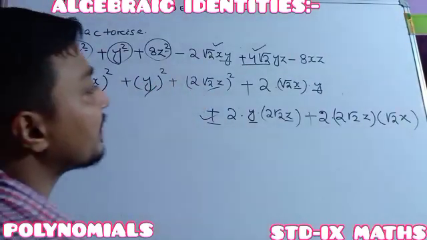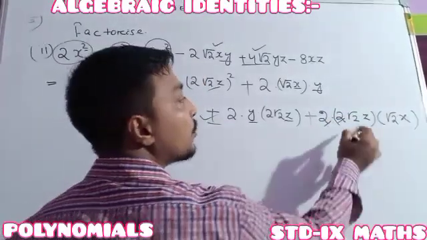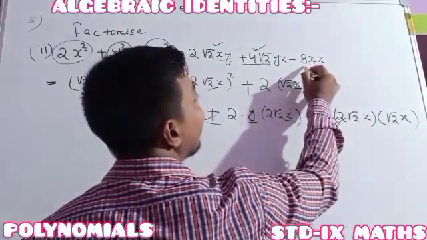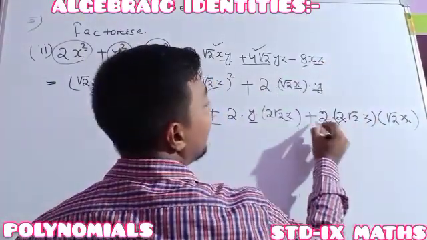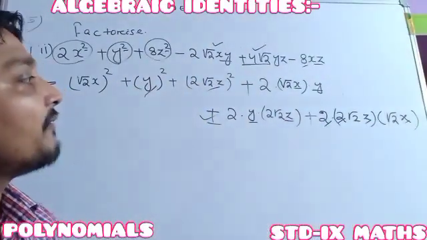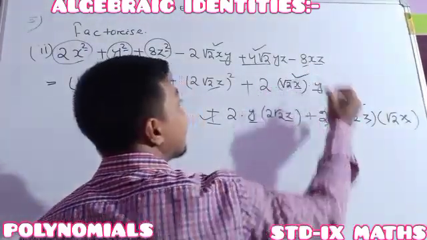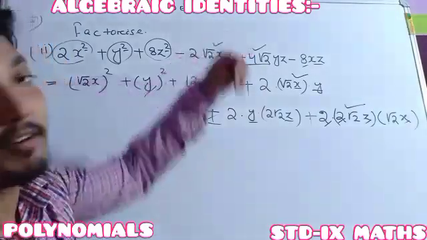See whether everything is matching or not. 2 into 4 root 2 into 2, 4 into 2 it is our 8. 8 is matching. xz matching with the xz, but here it is the plus sign, there it is the minus sign. One thing happened: in this case and in this case the sign is not matching with the above step.